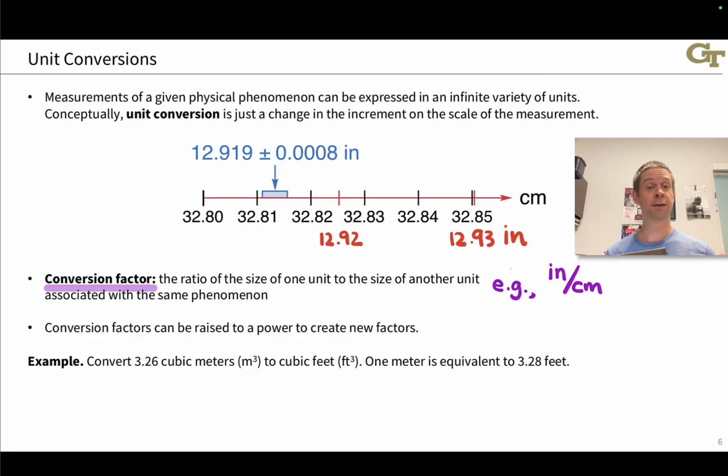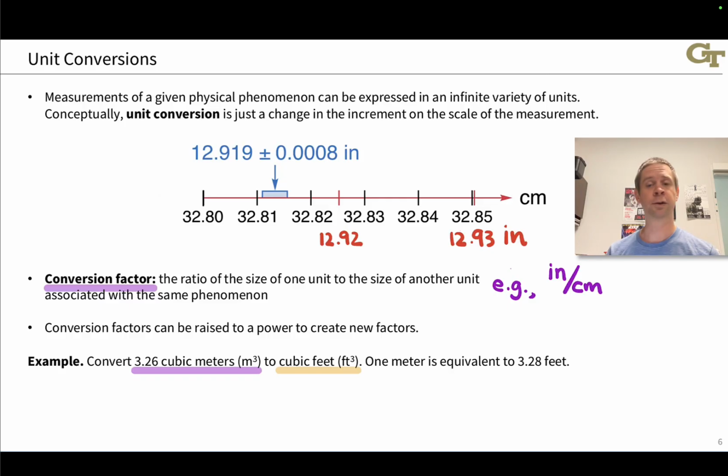We can also take conversion factors involving units and raise them to powers to create new factors. And this is commonly done when we're converting between area or volume units, for example. So say we have a volume of 3.26 cubic meters, and we want to express that measurement in terms of cubic feet. And all we know is that 1 meter is equivalent to 3.28 feet. We're interested in cubic meters and cubic feet, so it may seem like we're missing information here.